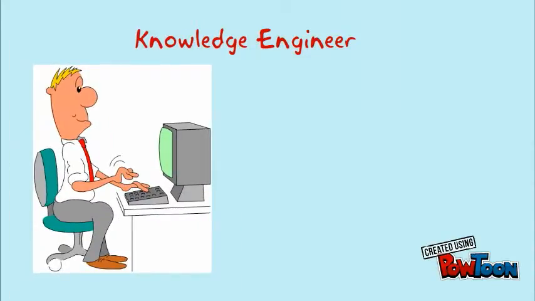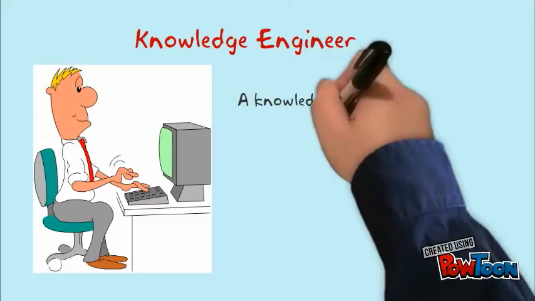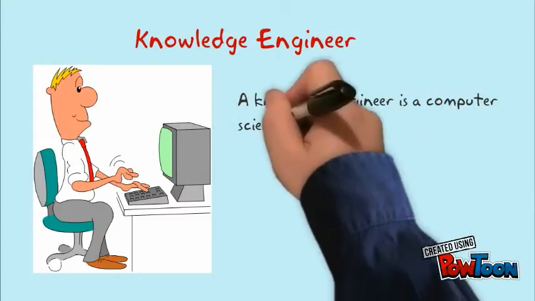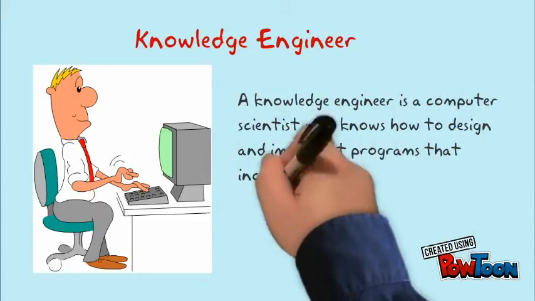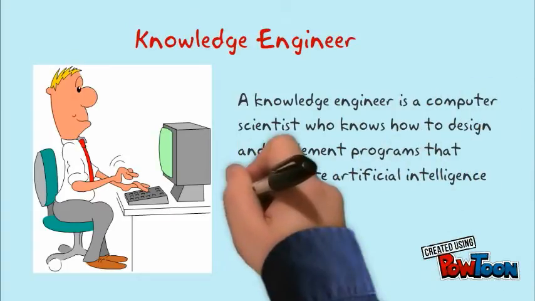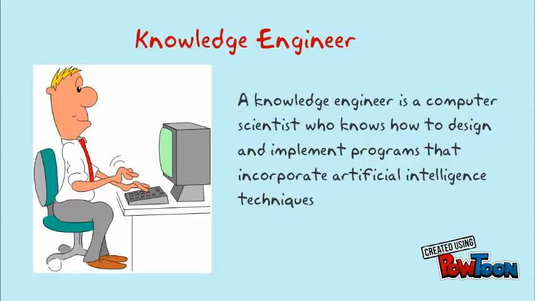Who is involved in making an expert system? First is the knowledge engineer. A knowledge engineer is an artificial intelligence specialist, perhaps a computer scientist or a programmer, who is skilled in the art of developing expert systems.